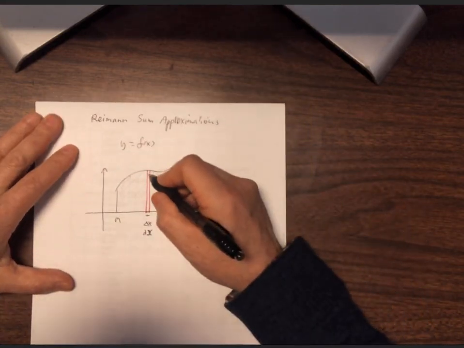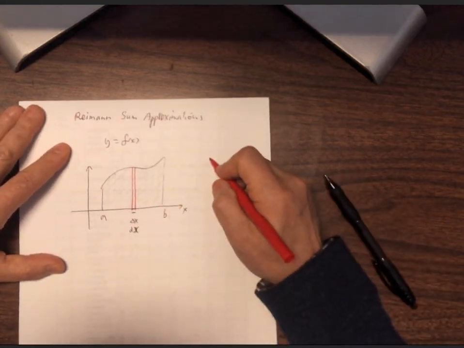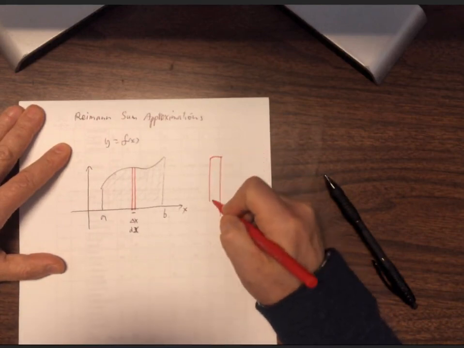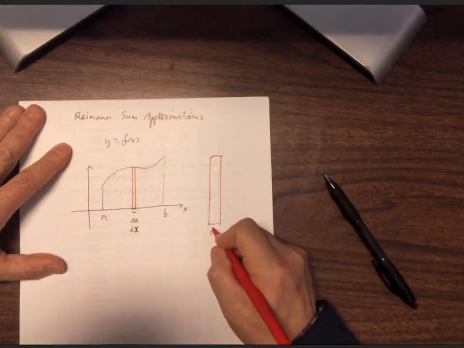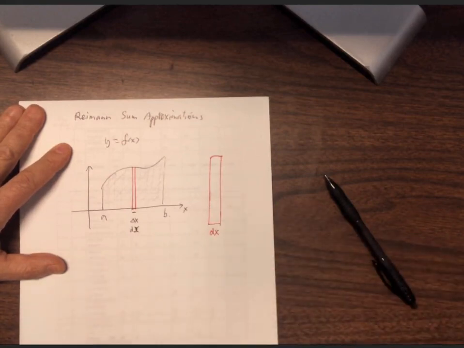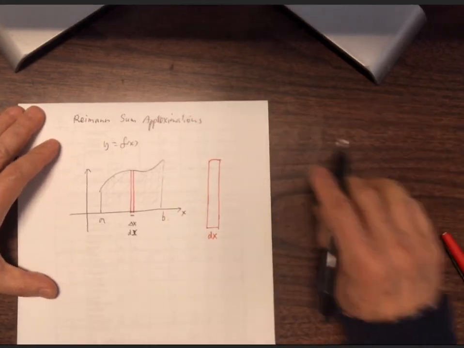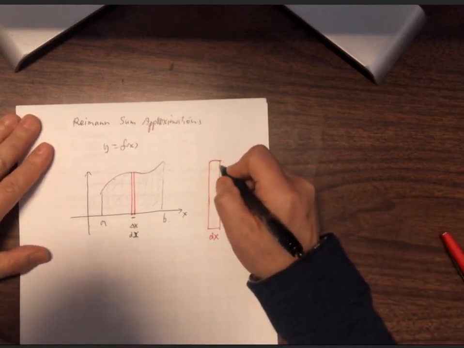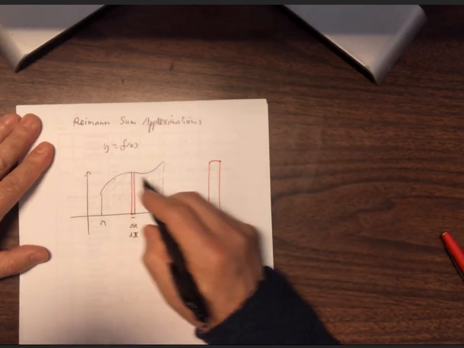Okay, let's start with this one strip. Let me enlarge the strip and put on the side so you can see better. So this is the one strip with the width dx or delta x. Now still, because the top generally is not straight, there's no formula. So before, what we did was to evaluate the function.